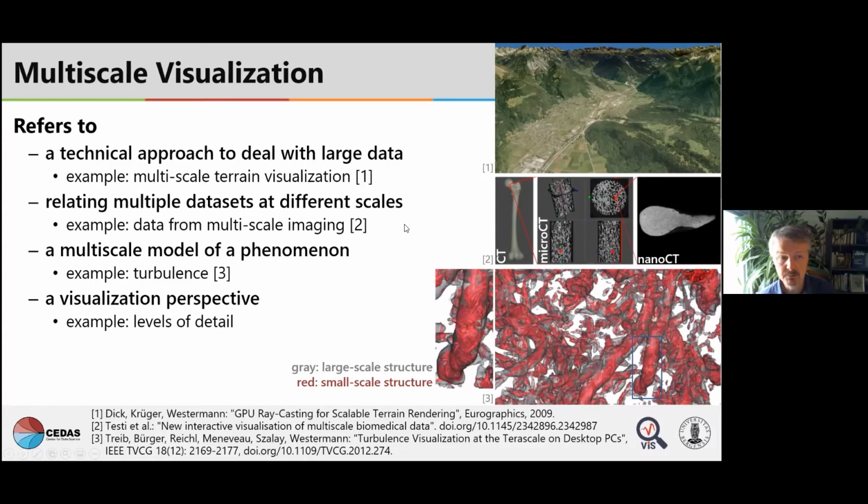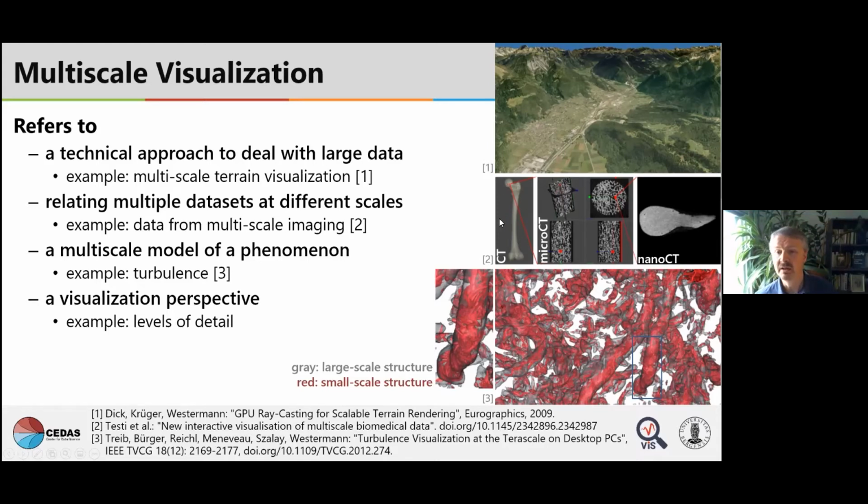Another interesting problem is when you actually have data or input from different scales. Sometimes you want to relate some imaging from a small scale to some imaging on a larger scale. I'll show you one example from the multiscale visualization project in the UK, where they show how CT at different scale levels can be related to each other.